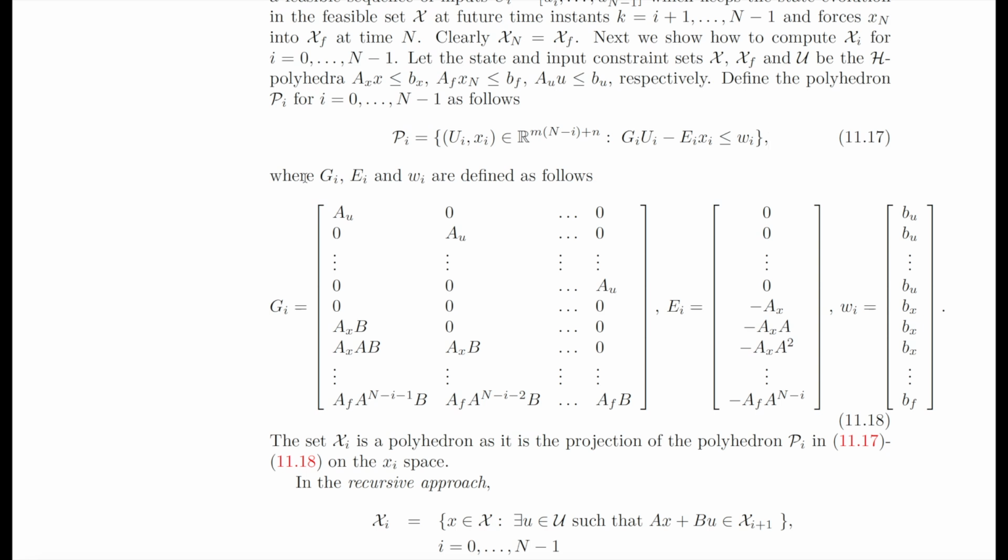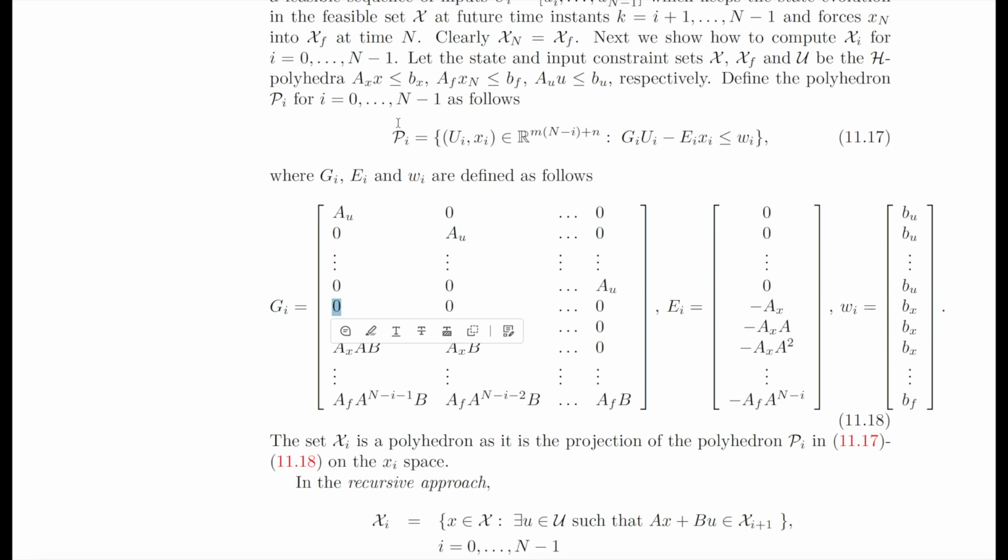Let us see line by line. The first line here means that the first element of u is less than b_u, and so on, as you see here on the diagonal. Then at this line, we start putting the constraints on x.